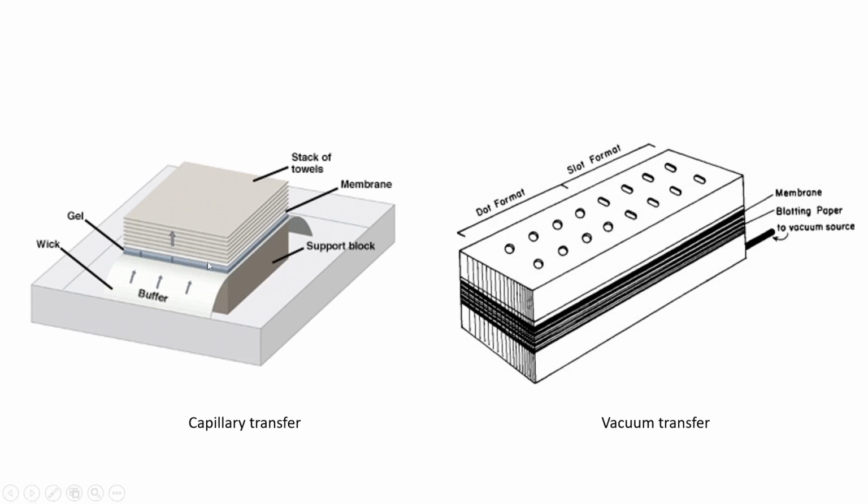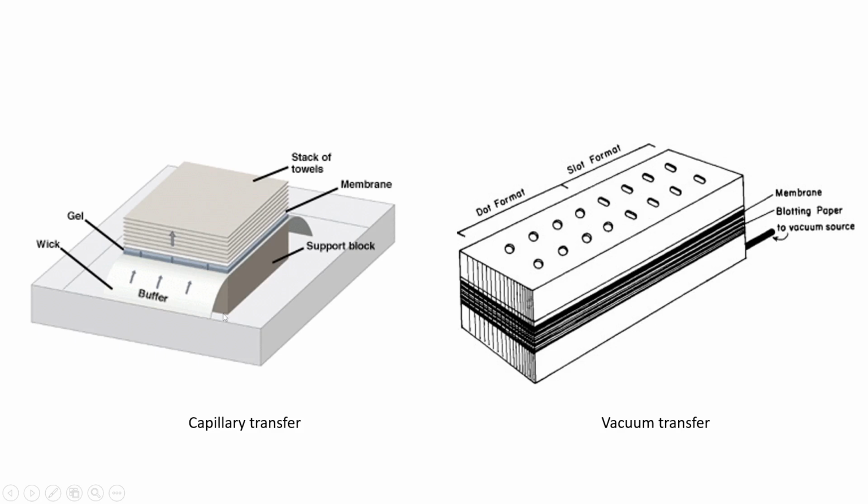So along with the buffer, the DNA bands will also move up. But since we have kept a nitrocellulose membrane, the DNA bands will get stuck on the nitrocellulose membrane, and only the buffer can move up to this stack of towel, and the DNA bands will get stuck in the membrane. So that's how we transfer the DNA from the agarose gel to the membrane.